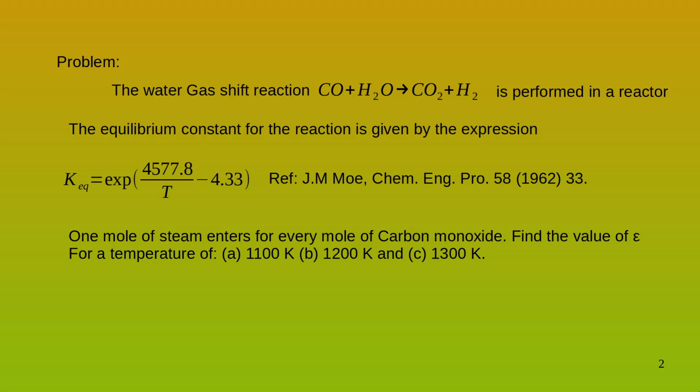Since the heat of reaction is constant, we can easily integrate this expression, and we can get an expression that K is inversely proportional to T, and because H is constant, we can do the calculations.